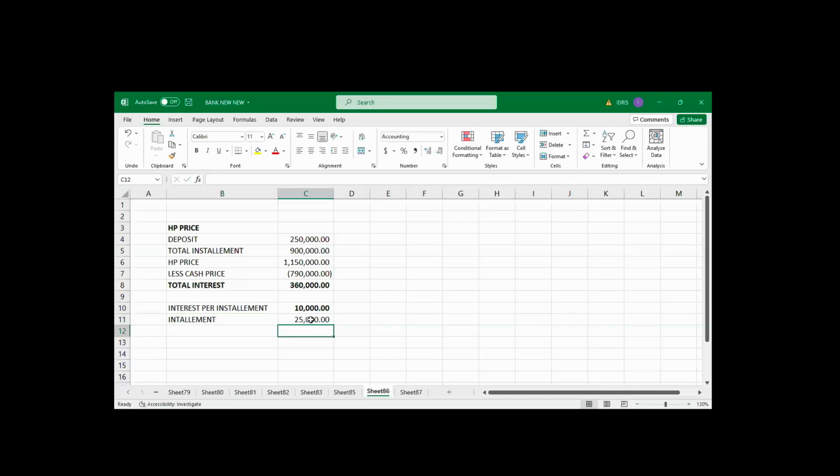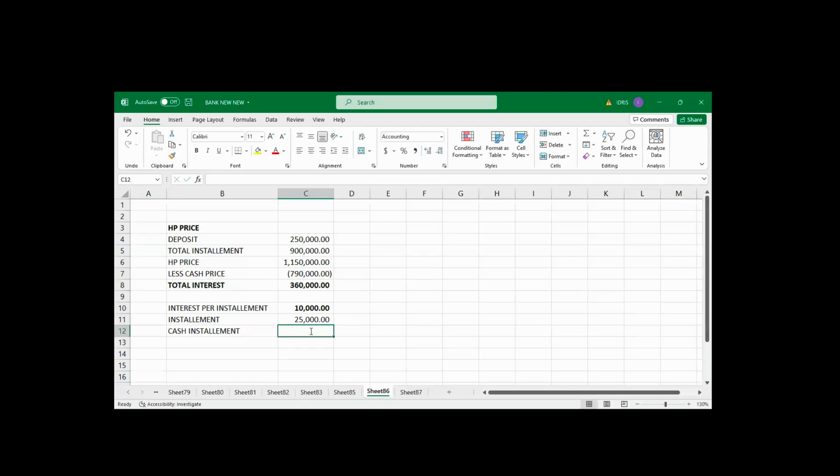On this 25,000, how much is the cash installment? 15,000, because you remove interest from it.